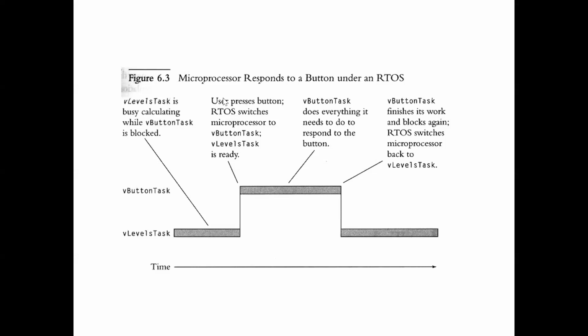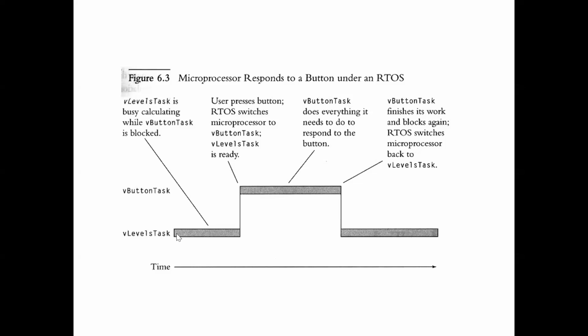Now we'll see the working of this particular RTOS. My first question is, whenever I switch on my embedded system, always remember my system will always execute a low priority task. My RTOS or my embedded system will always execute a low priority task. So which is the low priority task? It's the level task.